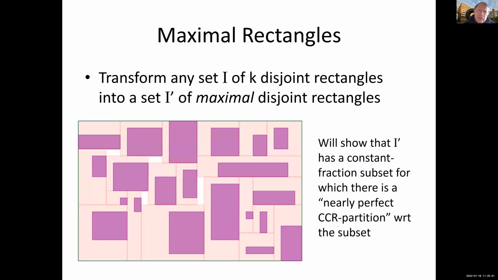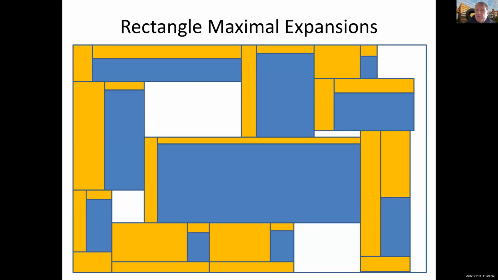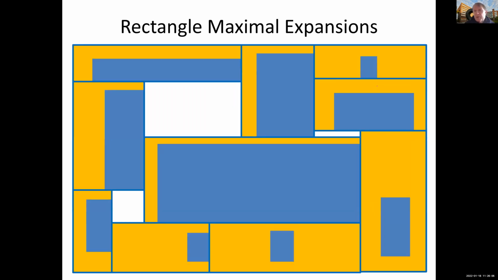I also need the notion of maximal rectangles, where each rectangle is expanded as large as it can be while not penetrating the interior of any other rectangle. So you can always transform K disjoint rectangles into K maximal disjoint rectangles. For instance, start with these rectangles, expand upwards, to the left, to the right, and downwards. And you'll get a set of rectangles, each one in a face that is a maximal rectangle.